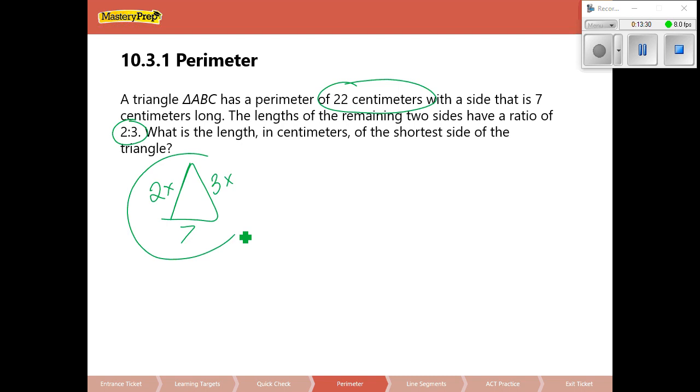But what do we know that all 3 of these add up to be? When we say 2x plus 3x plus 7 is 22.